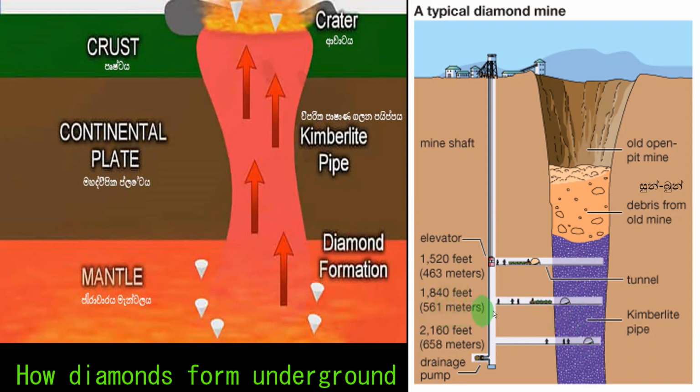Then 561 kilometers depth, another hole. 658 meters in depth, another hole. Can collect all the diamonds here. It is a big project. Inside the kimberlite pipe, diamonds are cooled. So a diamond mine is a very big project. Okay.